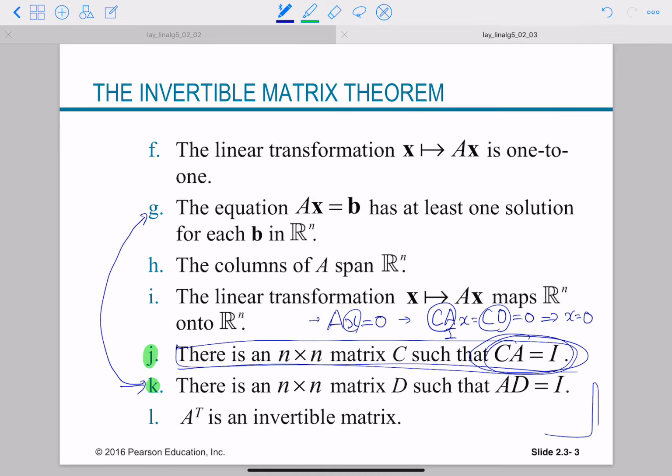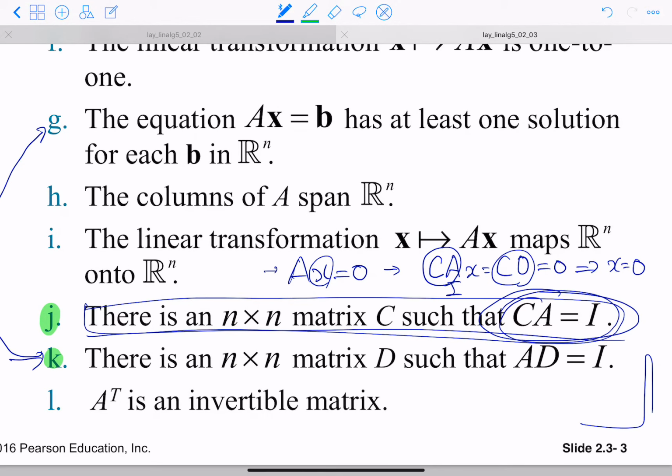So here, this is one interesting proof problem. This is part of the definition of the inverse, and how can we prove that if K is satisfied, then G is also satisfied? G is saying that AX is equal to B has at least one solution for any B. So it guarantees the existence of the solution for any B. So let me show one little trick.